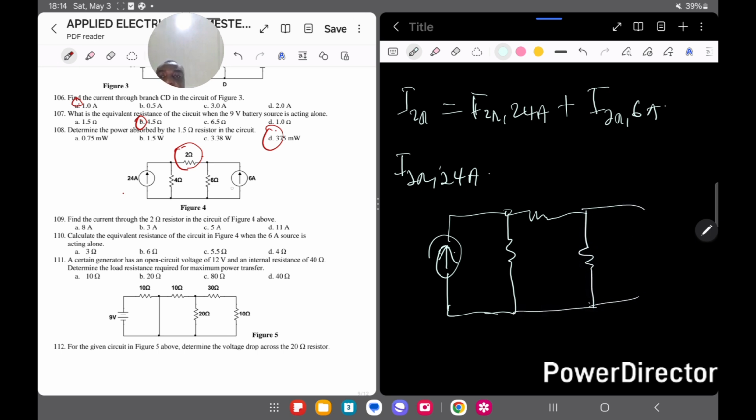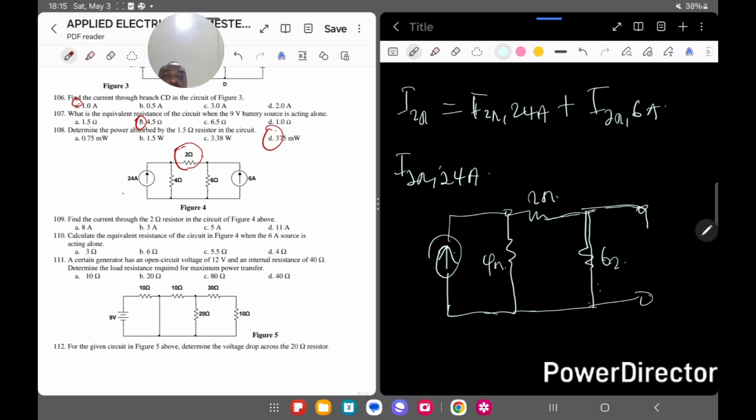The place of the 6 amps source, we are going to make open. Remember, if you are turning off a current source, you make it open circuit. Once this place is open, no current can pass through here, so all the current will just pass through this part. It will go through the 2 ohms and then through the 6 ohms.